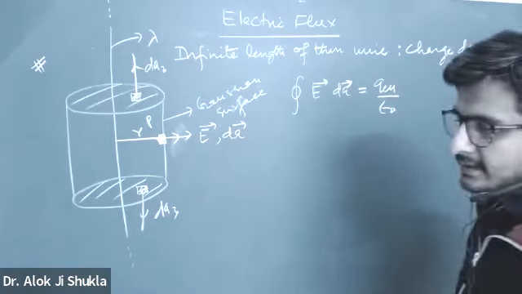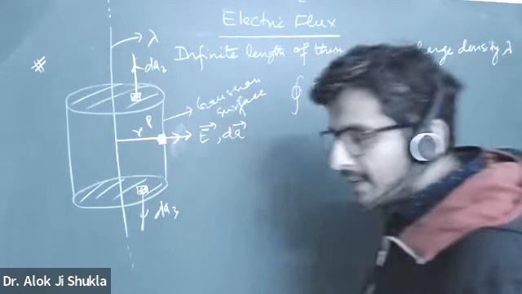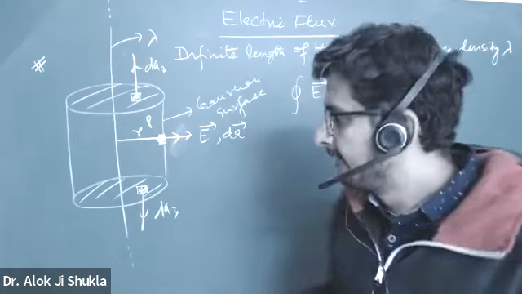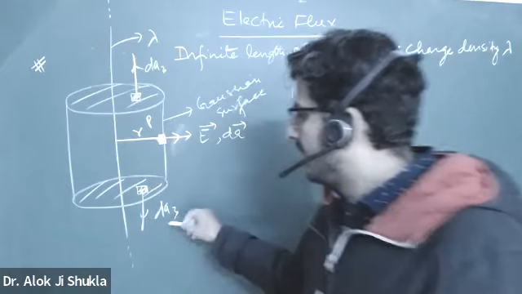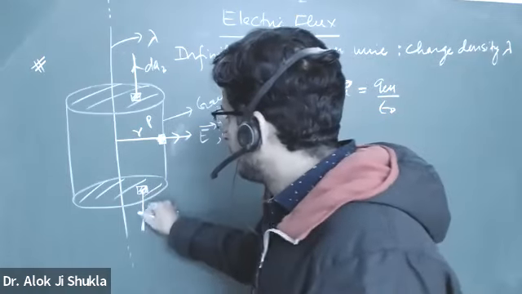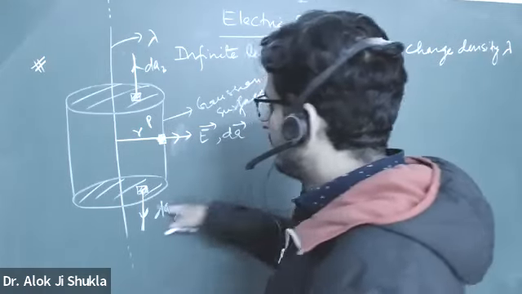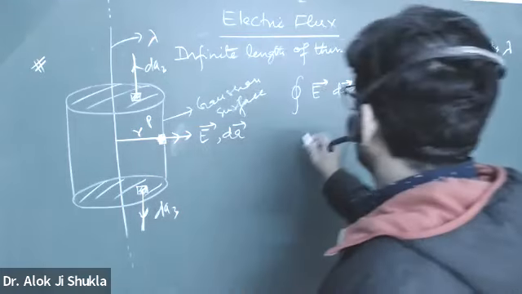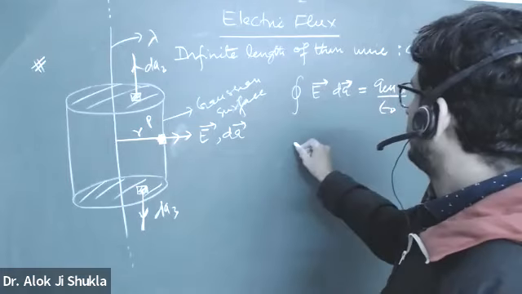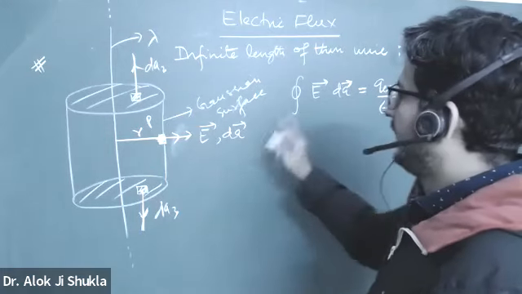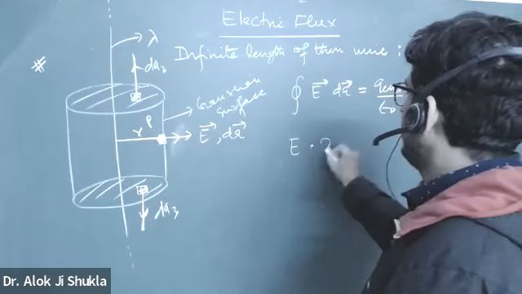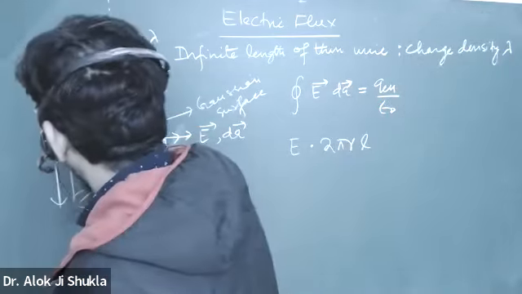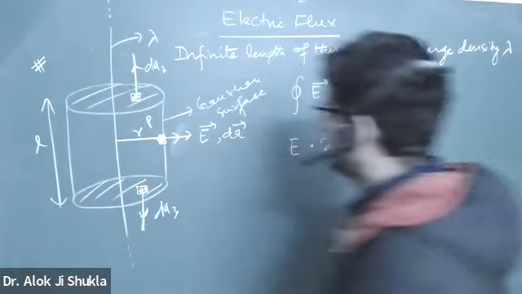But the problem is that the electric field will be perpendicularly outward. Correct? There will be no component of the electric field along the flat faces. So for this, the field is this side, so the angle is 90, and this will not contribute. Only this one will contribute. So it will become E, and E will be the same everywhere, E into 2 pi r L. Let us take L as the length of the Gaussian cylinder.